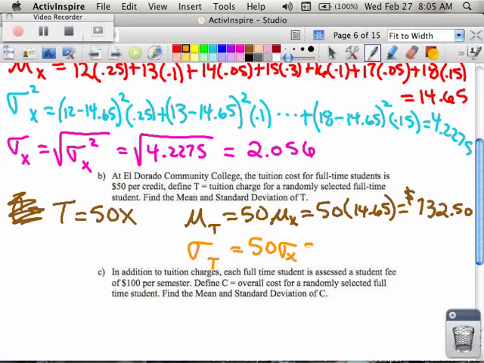So I just multiply the 50 times the 2.056, and that comes out to $102.80. And so it's kind of what you would think it would be with a transformation. If it's 50 bucks per credit, go look at your credits, multiply by 50. If the standard deviation is 2, go multiply by 50, you got 100. Okay, kind of what you would expect.